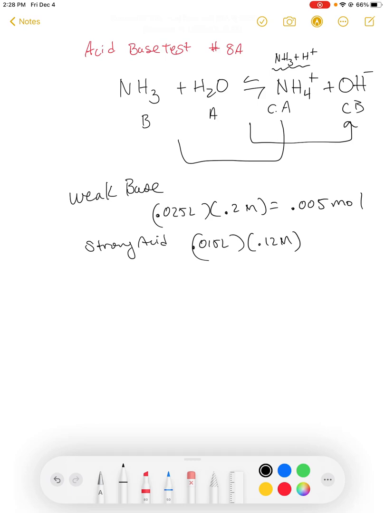And remember, from my very first exam review video, I said make sure you keep that little equation in your pocket. Molarity times volume gives you moles, okay? You ought to be able to pull that up very quickly. And so you've got 0.0018 moles of the strong acid. Okay, so what we know is that even this weak base, it will mole for mole cancel out the strong acid.